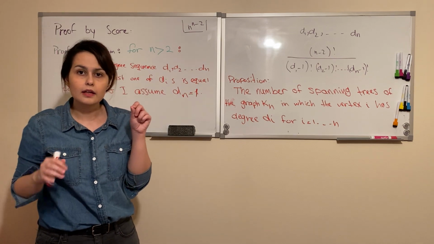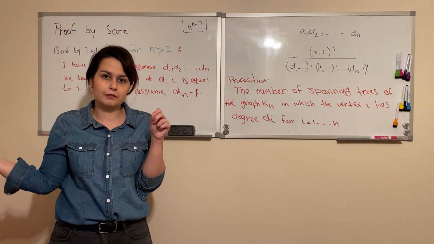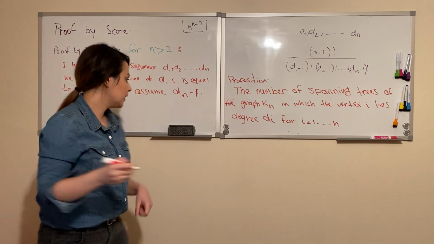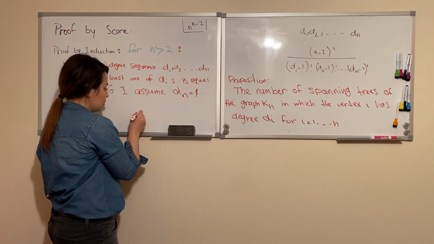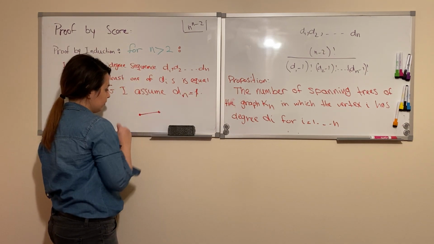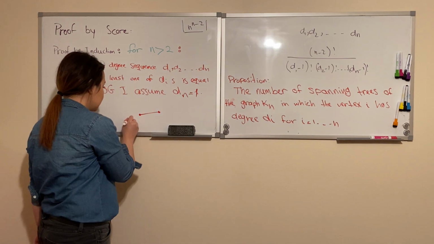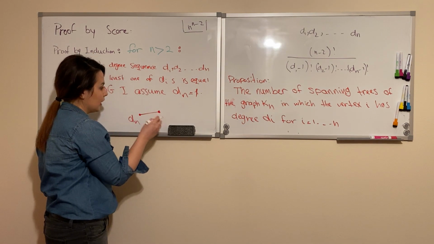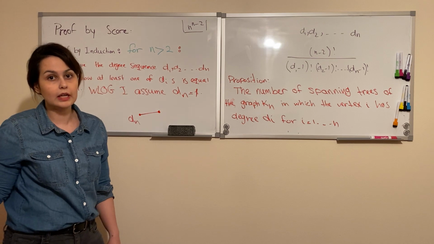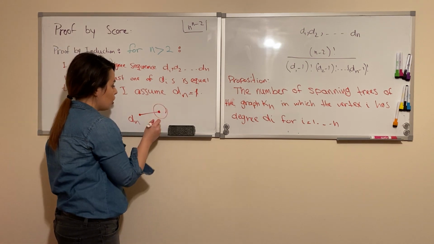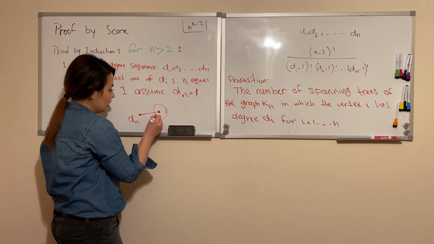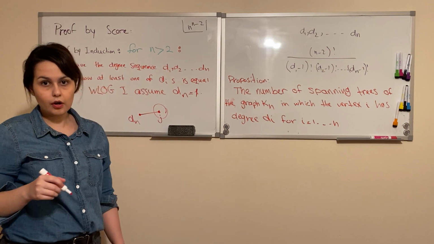The n can be connected to any other vertices, right? Because since dn is equal to 1, it is a leaf. And when it is a leaf, it is connected to something else. It can be d1, d2 to dn minus 1. So I call this the vertex j, okay?